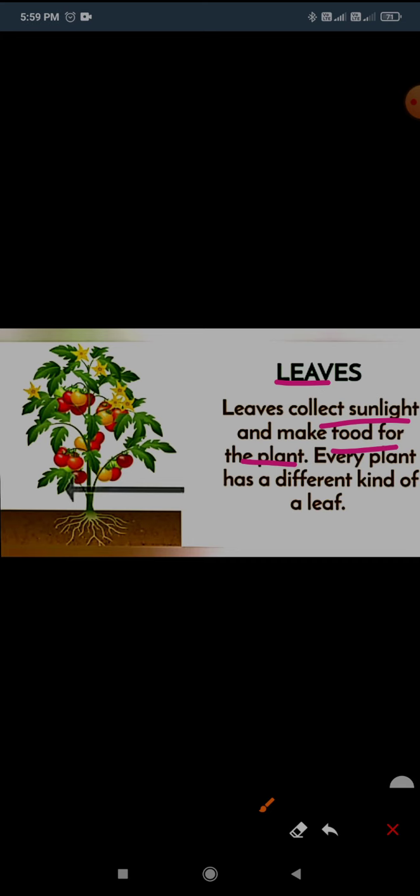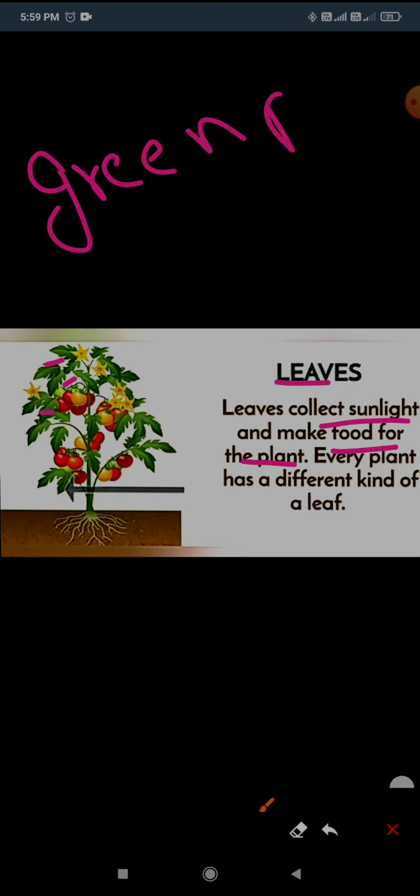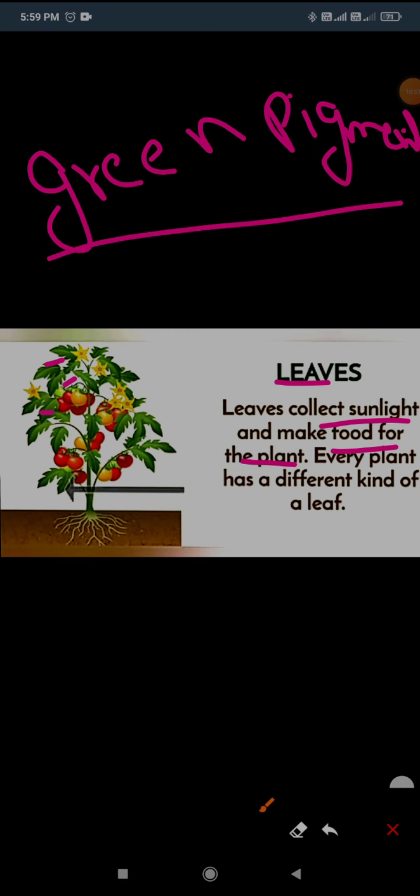How does it collect sunlight? Because the leaf is green in color due to the presence of green pigment. Green pigment is here, and that's why it looks green. Do you know this green pigment's name?